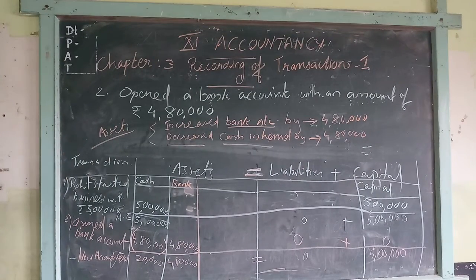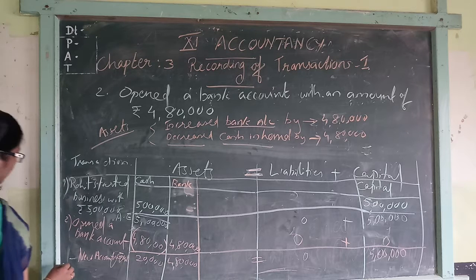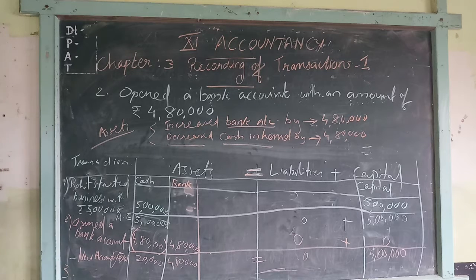Okay, is that clear? So now you are writing again the third one. What is the third transaction? The third transaction is: bought furniture for rupees 60,000, and check was issued on the same day.